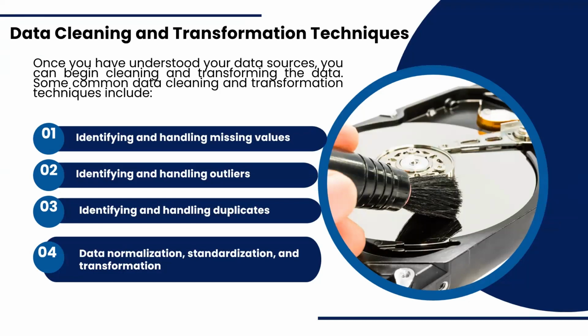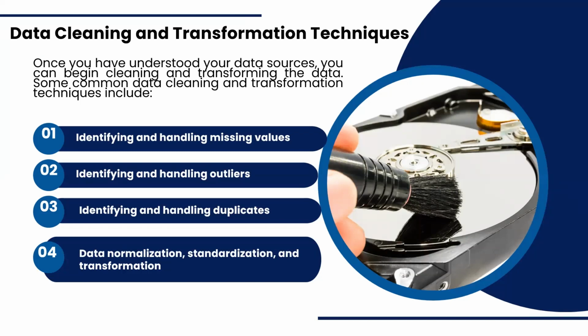There are a variety of ways to handle missing values depending on the nature of the data and specific analysis that you are performing. Some common strategies include removing records with missing values, imputing missing values with reasonable values, and creating a new variable that indicates whether a value is missing or not.